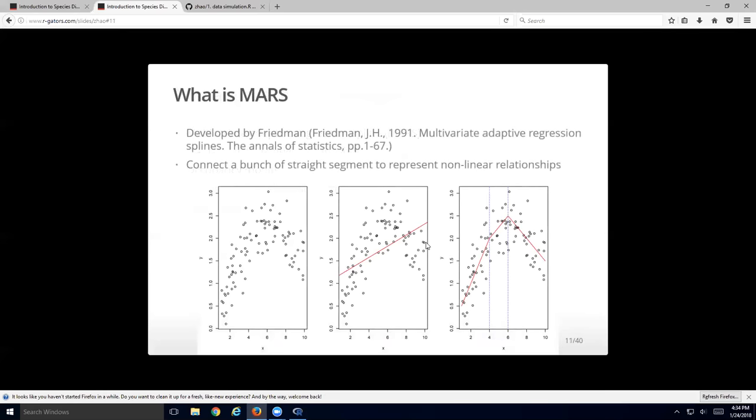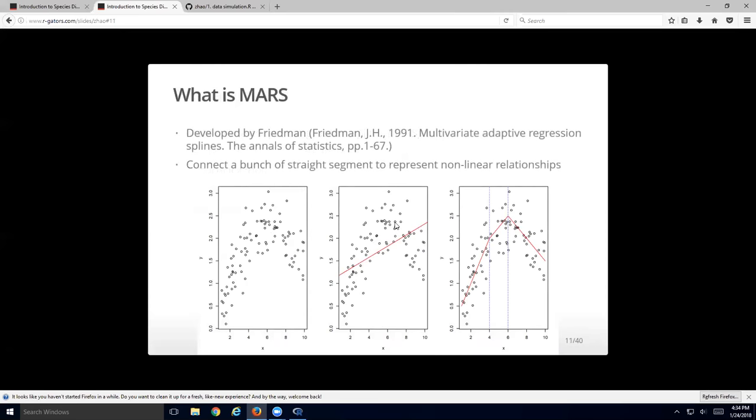So first, for MARS, it was developed by Friedman, and that's the paper that first introduced this approach. And the basic idea is that if you have a bunch of data, here you have y and x, right? You can see some relationship here. But if you just use a simple linear regression to find a fitted line for these two variables, you can see that's the fitted line.